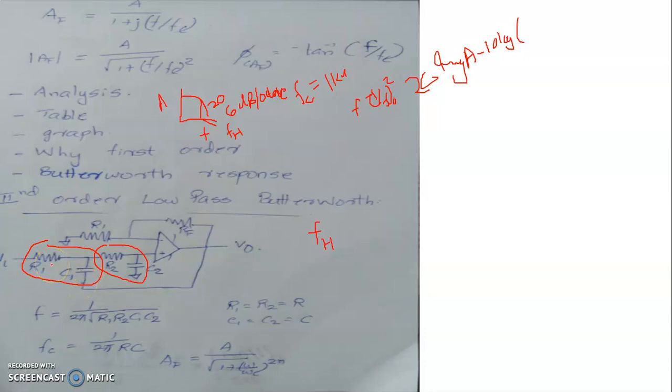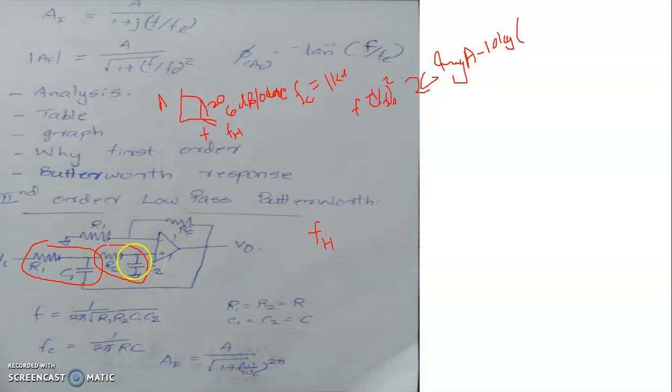This signal allowed by the first unit is injected to the second pole having corner frequency 1 by 2 pi R2 C2. If the frequency of the input signal is less than the corner frequency of the second pole unit, it will be allowed, or it will be coupled to the non-inverting terminal of the op-amp.